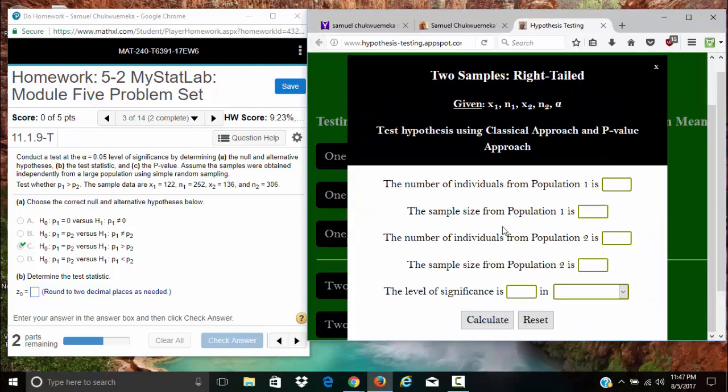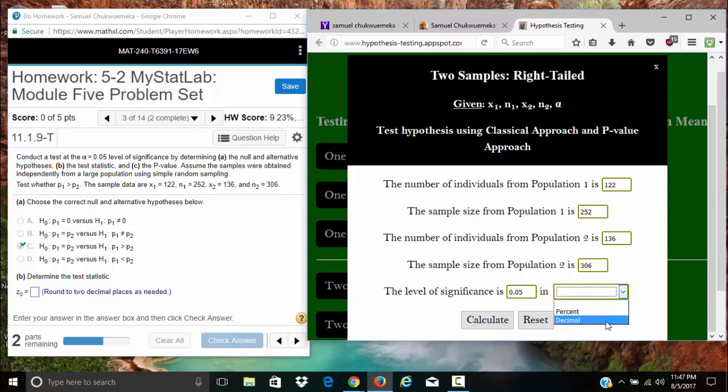Okay, so X1 is 122, N1 is 252, X2 is 136, and N2 is 306. And the level of significance is 0.05. Please make sure you select decimal.